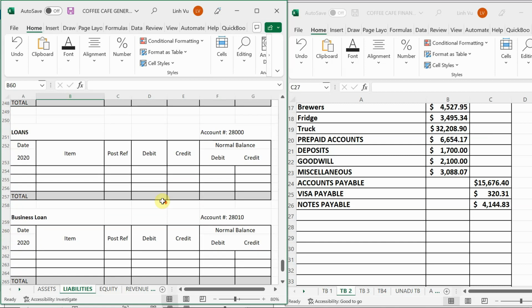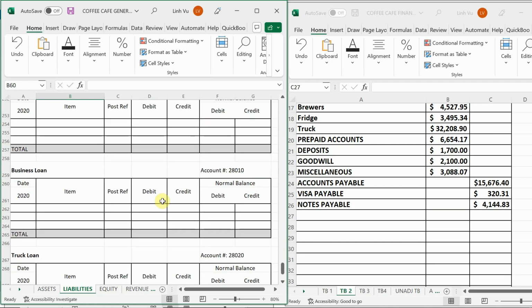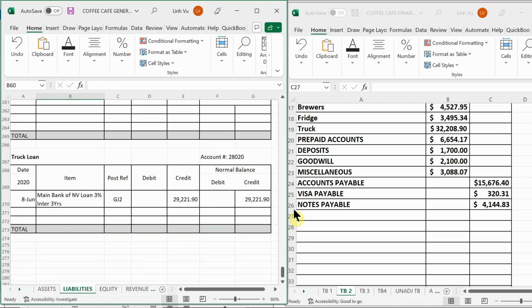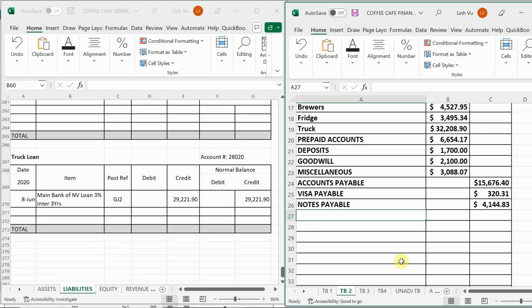And then loans, right? Yes, we did take a loan. It's not a business loan, but it is a truck loan. Yes, so we do have the truck loan. Okay? For a total of $29,221.90.